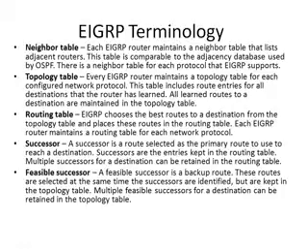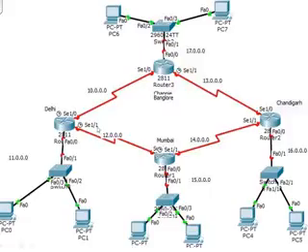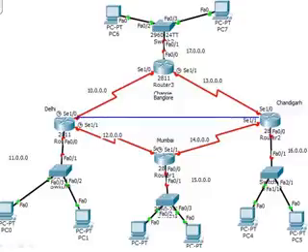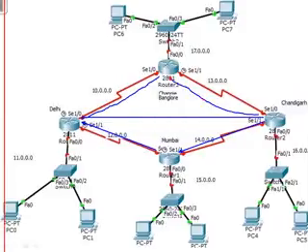Second, the topology table. Every EIGRP router maintains a topology table for each configured protocol. Like, to reach from this router to this router, it has two paths, one via this router and one via this router, like this and like this.